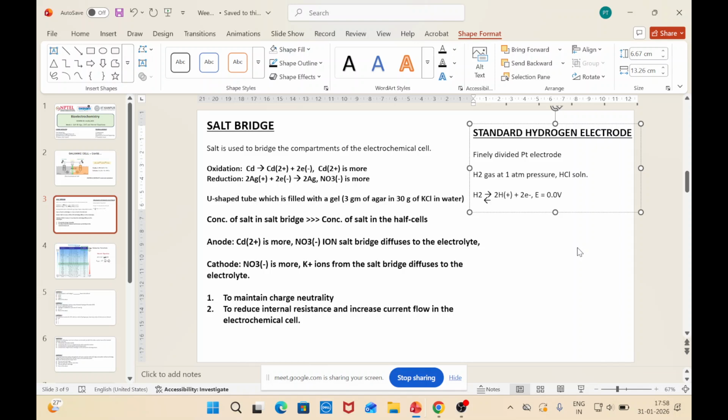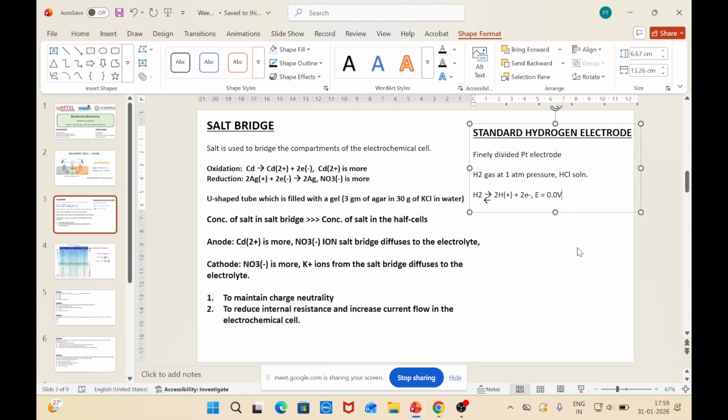Based on this, we are going to measure the potential of other elements, whether different kinds of metals, the reduction or oxidation potential will be decided by using this hydrogen as a reference.